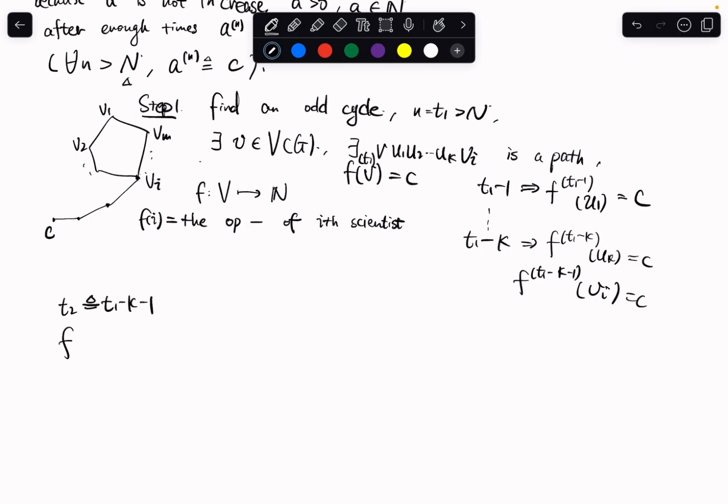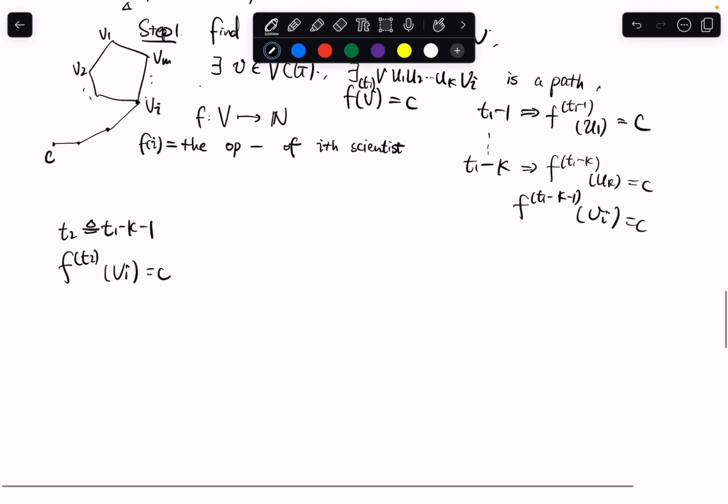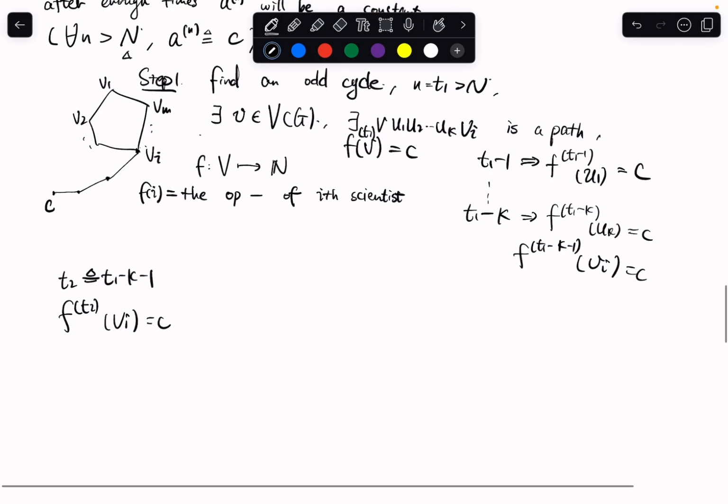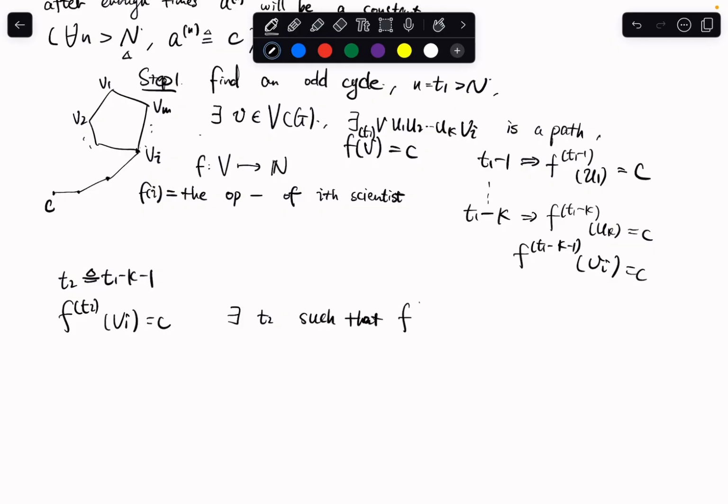Then f t2 vi equals C, and vi is on this odd cycle. So we can derive that there exists t2 such that f t2 vi equals C, where vi belongs to the cycle.